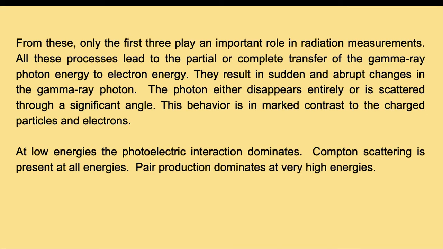From these, only the first three play an important role in radiation measurements. All these processes lead to the partial or complete transfer of the gamma ray photon energy to electron energy. They result in sudden and abrupt changes in the gamma ray photon. The photon either disappears entirely or is scattered through a significant angle.